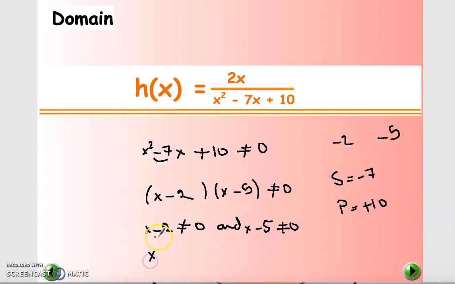So if we add 2, x should be different from 2, and x should be different from 5. So the domain of definition is all the real numbers except 2 and 5, or this dash means except 2 and 5.